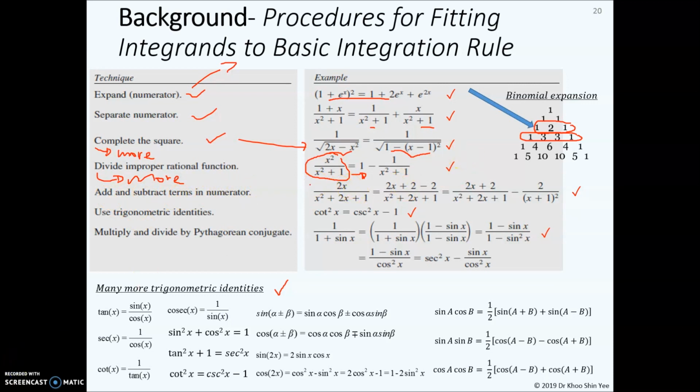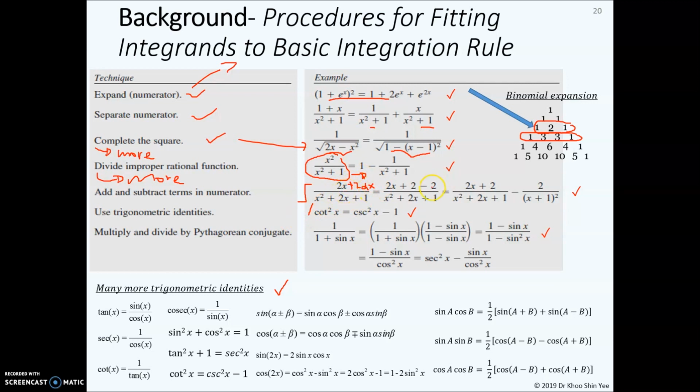So for example, you want to integrate this function. So it's quite difficult, but if you look at this, we want to differentiate x squared plus 2x plus 1, you get 2x plus 2. So plus 2 here, right? Then we can get the answer in ln.